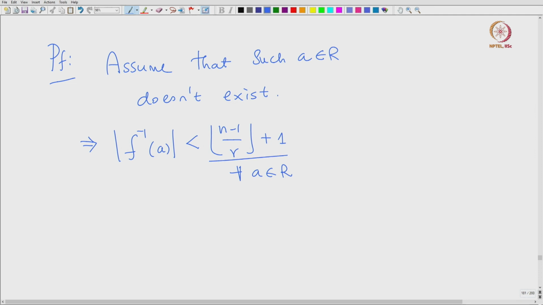Now this would immediately imply that the cardinality of N is the sum of the cardinalities of the pre-images of all elements.